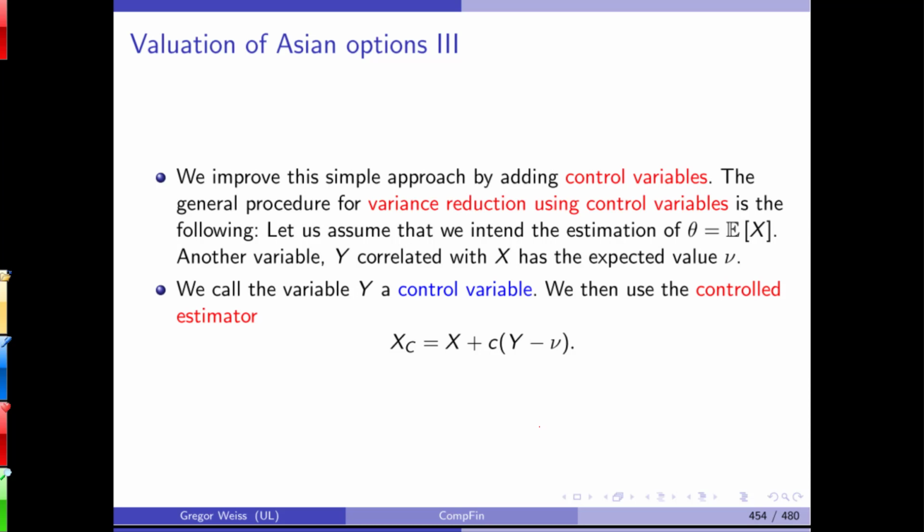And then we call the variable Y a control variable and then use the controlled estimator Xc equal to X plus c times (Y minus nu). Why is that? We are not estimating X but Xc.